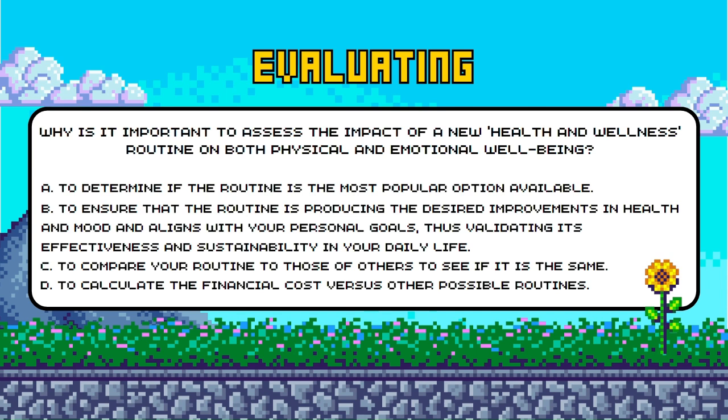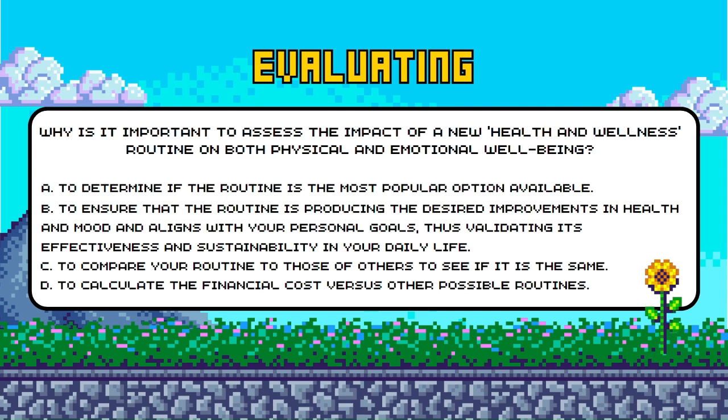It fits here because in this type of question, it is about making judgments about a routine by weighing its impacts on physical and emotional health, which involves judgment and decision-making skills. It requires judgments and justifying them.